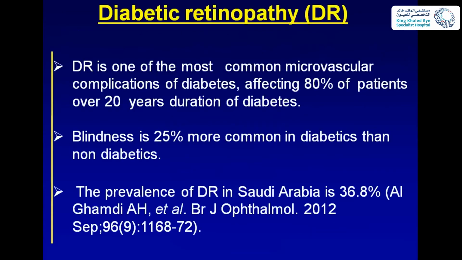So now, what is diabetic retinopathy? It is very important to understand. Pathy means disease, so it is a disease of the retina. One of the very important consequences of diabetes is retinopathy.